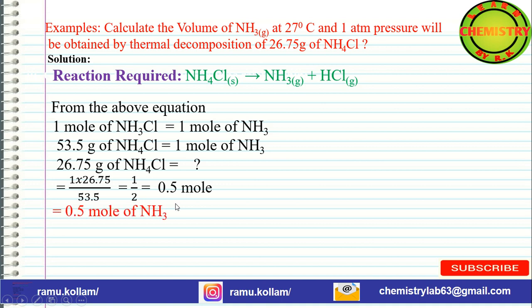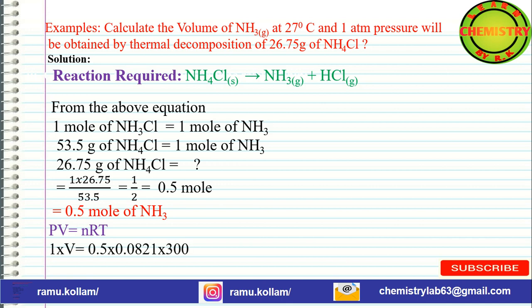Then we got it in moles, but we need it in the form of volume. So now we will use the ideal gas equation PV = nRT, then we will get the volume of the gas. Here P is pressure, V is volume, n is the number of moles, R is the real gas constant, T is temperature.